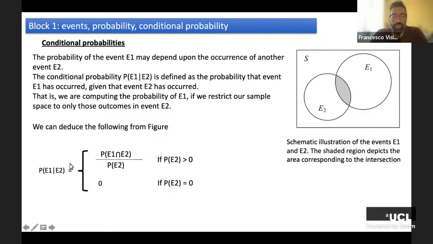We use this formulation to solve it. If the probability of event E2 is greater than 0, meaning there is some probability that event E2 will occur, we can calculate the conditional probability with this ratio. If the probability of event E2 is 0, of course, the conditional probability will also result in 0.